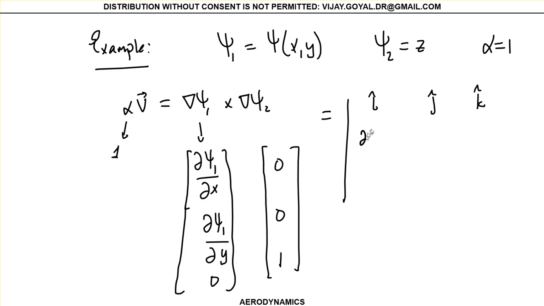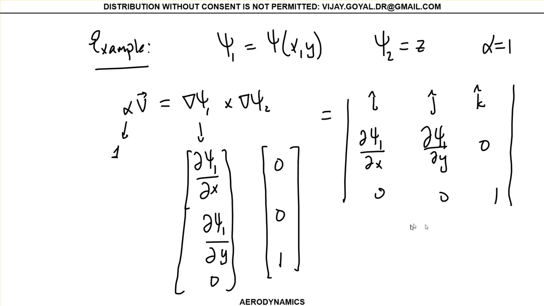Okay, partial of psi1 with respect to x, partial of psi1 with respect to y, 0, 0, 0, 1. Okay, so if you take this dot product, then you will have v is equal to, remember, small u plus small v.